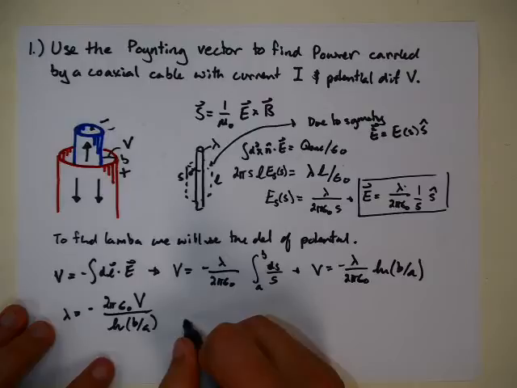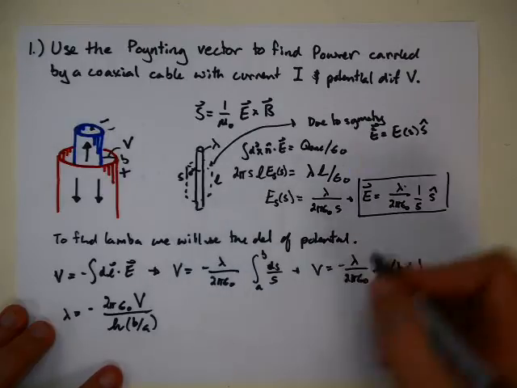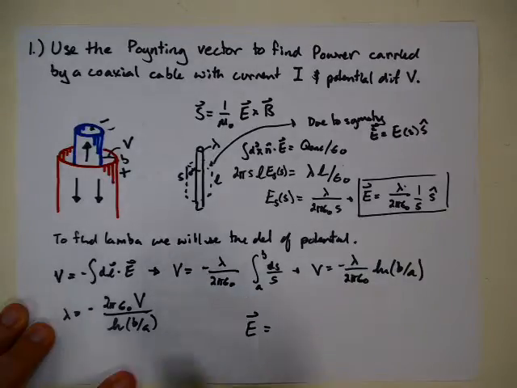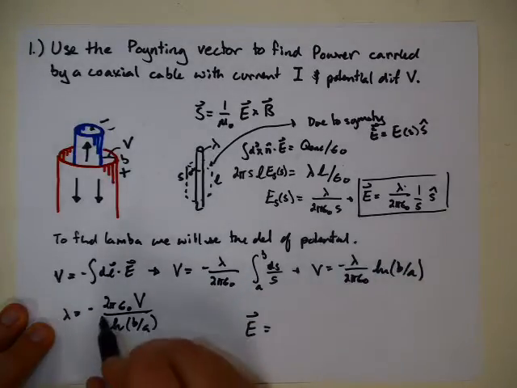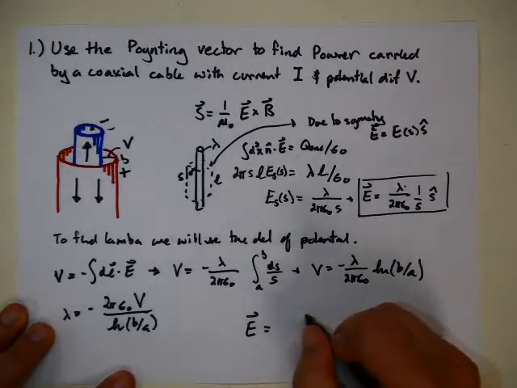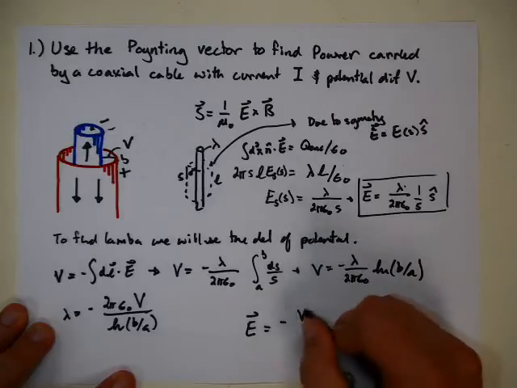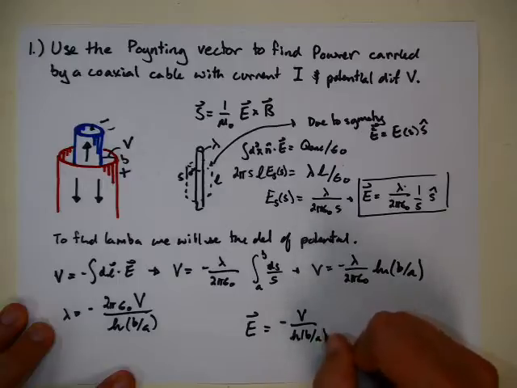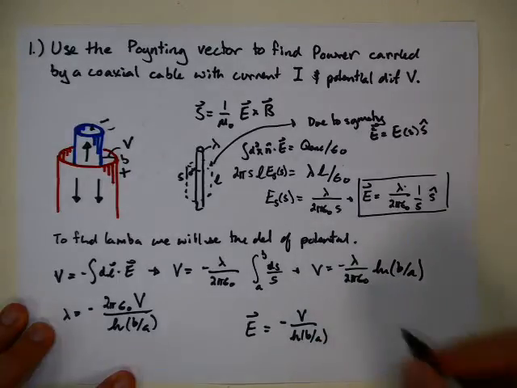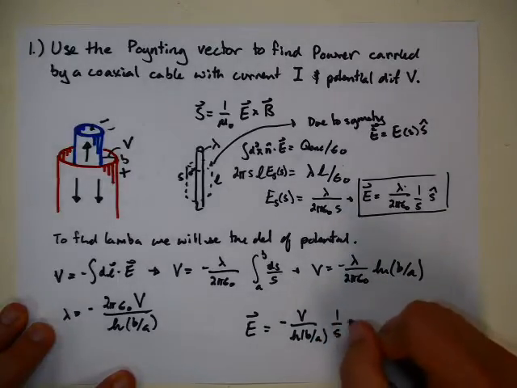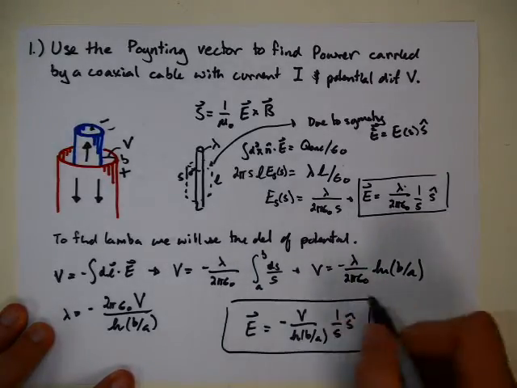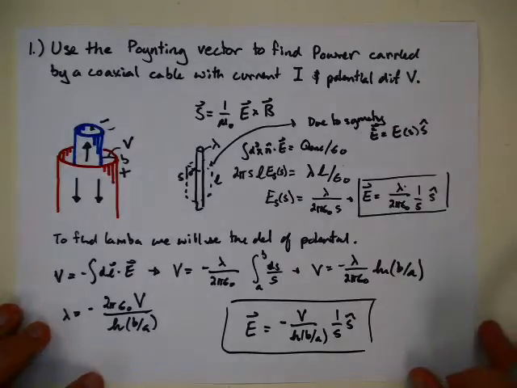So now we can rewrite our electric field, replacing this lambda. The 2 pi epsilon naughts are going to cancel out, so this is going to be minus V over log of b over a, 1 over S, S hat. And so now we have the electric field in terms of what's given to us, the potential difference V.